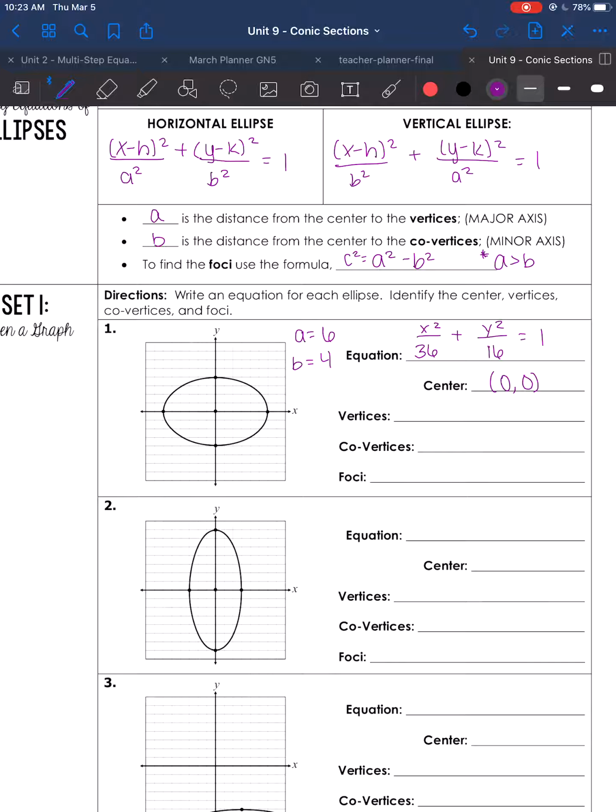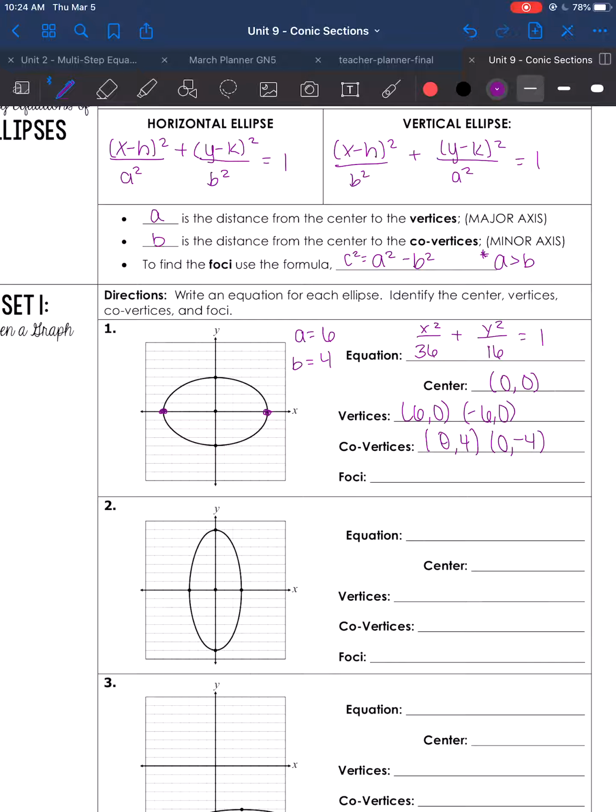So I have written it in standard form, but I still need to find the vertices, co-vertices, and foci. The vertices would be (6, 0) and (negative 6, 0), and my co-vertices are (0, 4) and (0, negative 4).